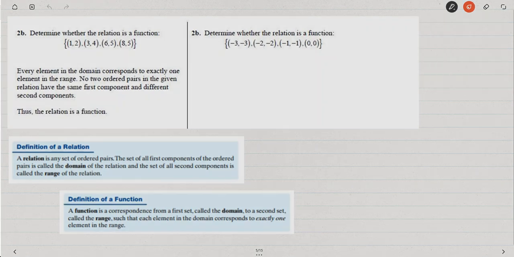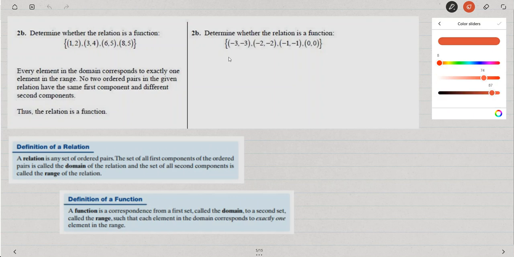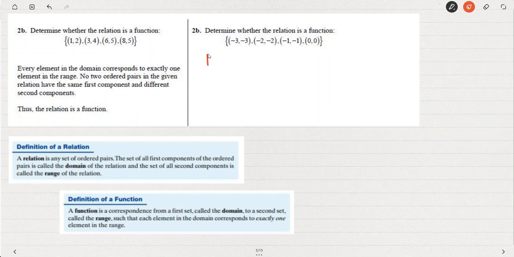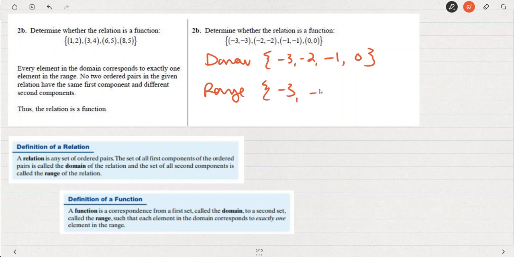When I look at this example, I can pull out the domain and the range. The domain includes -3, -2, -1, and 0. And the range includes -3, -2, -1, 0.